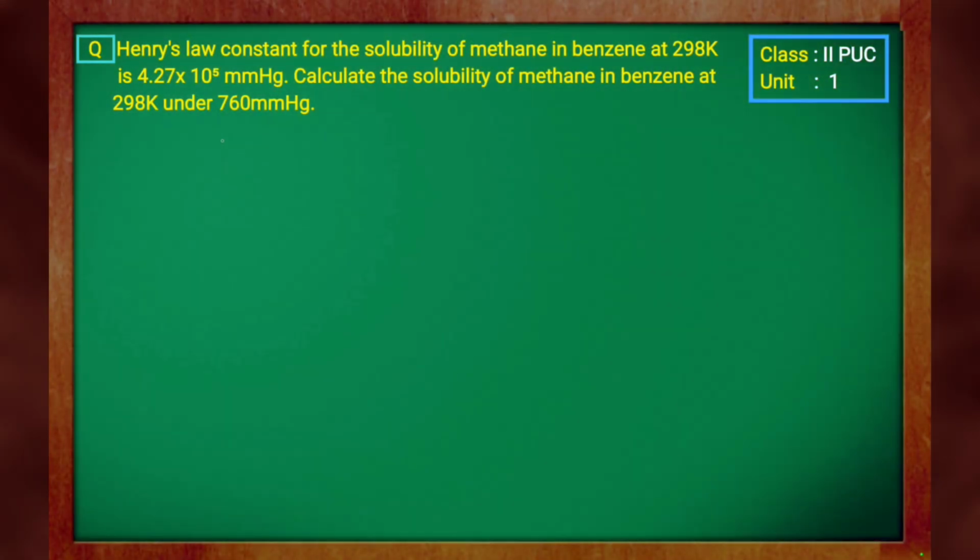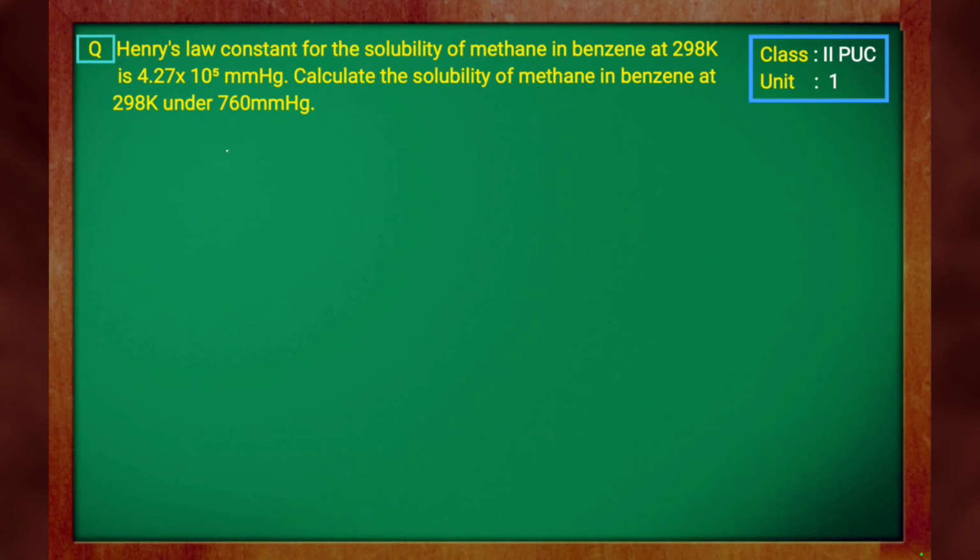Consider an example. Henry's law constant for the solubility of methane in benzene at 298 Kelvin is 4.27 × 10^5 mmHg. Calculate the solubility of methane in benzene at 298 Kelvin under 760 mmHg.